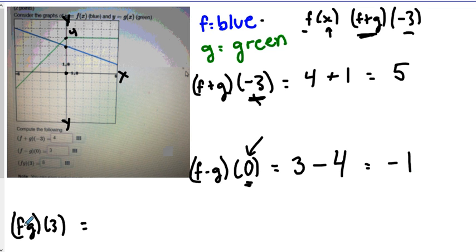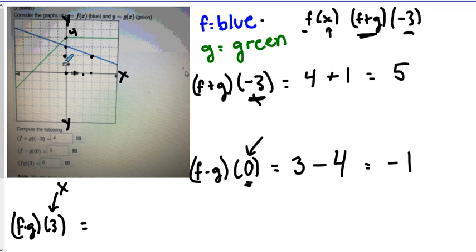The last one, fg, so when we have two letters side by side, it's basically saying like we're multiplying them. So f times g, this time we're looking at when x is 3. So I'm going to find 1, 2, 3, and my blue value, if I trace up from that point, is +2.